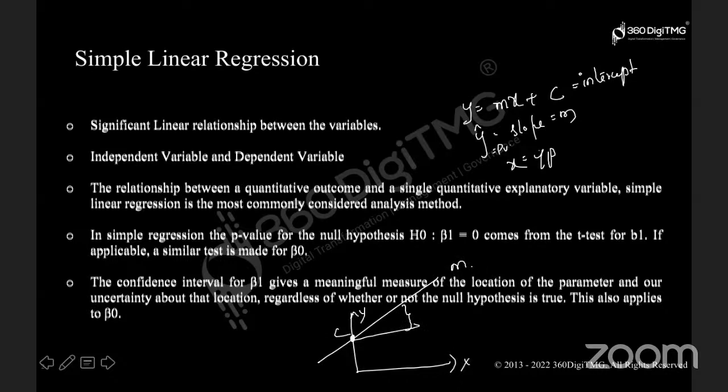Relating all this, you are writing this regression equation: y is equal to mx plus c. Using this concept, we get the equation beta naught plus beta 1 x1, where beta 1 is your slope and beta naught is the intercept c.